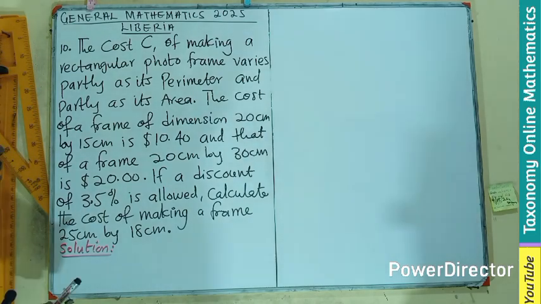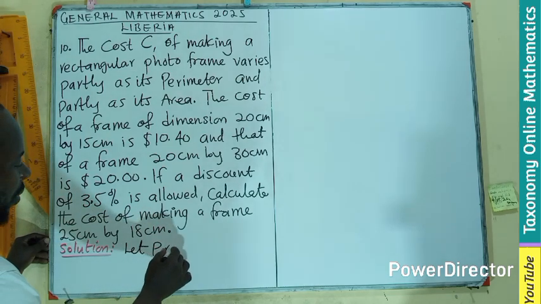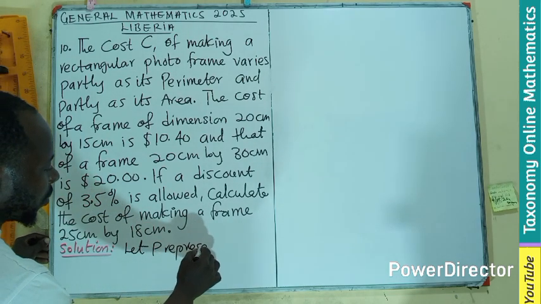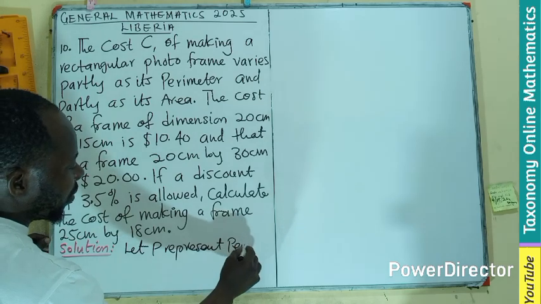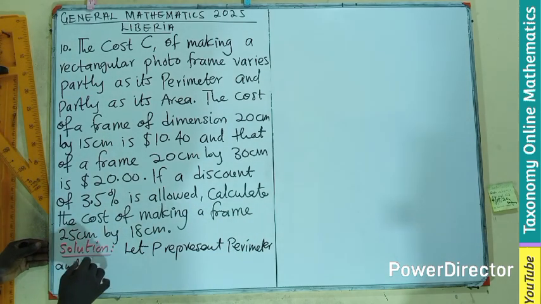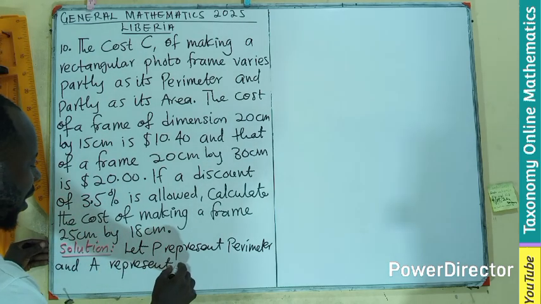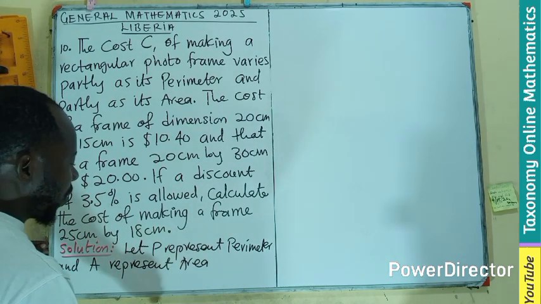We are going to let P represent perimeter and A represent area.